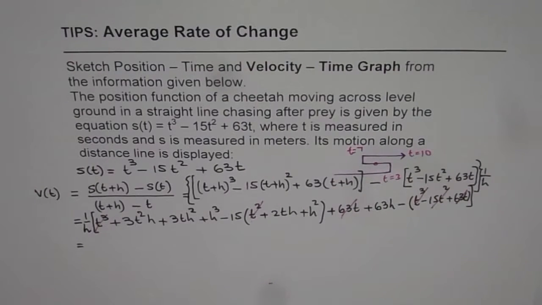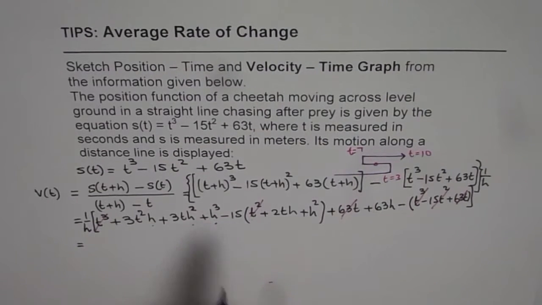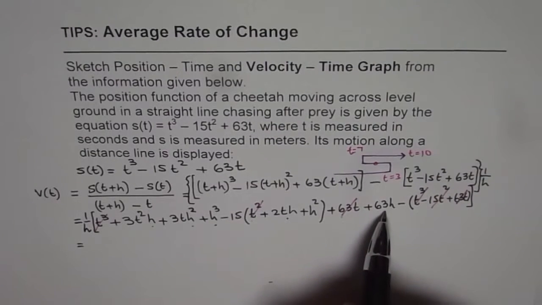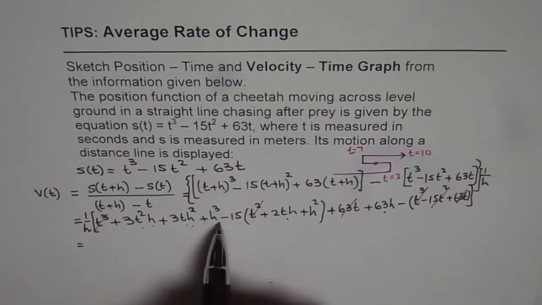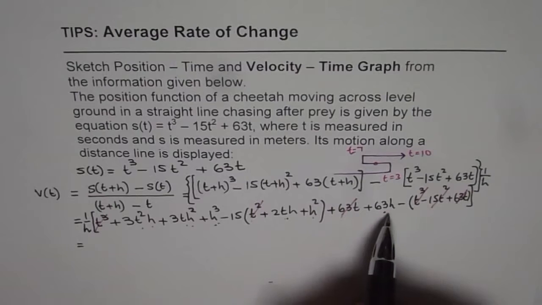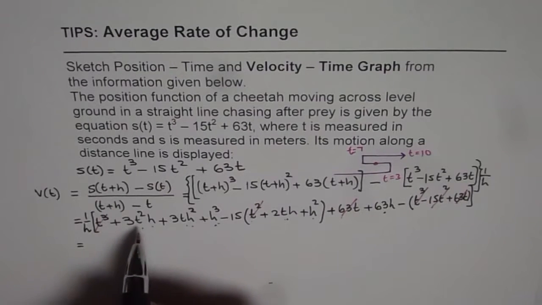Okay, so we are now left with the balanced terms, which we can club together. You will observe that we have h in all the remaining terms. So we have 1, 2, 3, 4, 5 and 6 terms. Let's write them down.